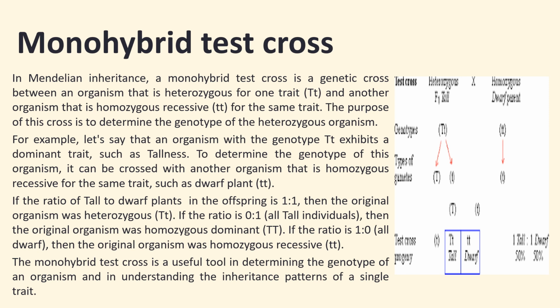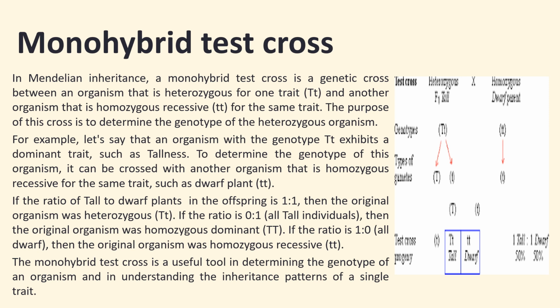To determine the genotype of this organism, it can be crossed with another organism that is homozygous recessive for the same trait, such as dwarf plant, small t small t. If the ratio of the tall to dwarf plants in the offspring is 1 to 1, then the original organism was heterozygous.